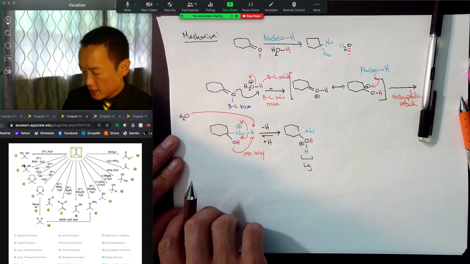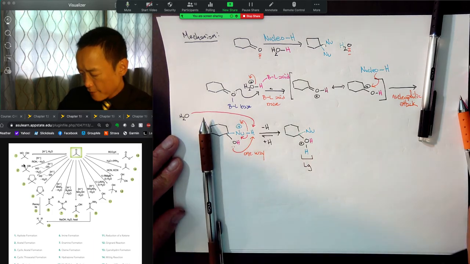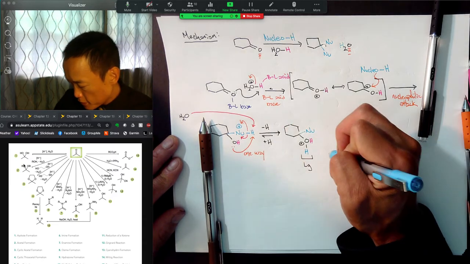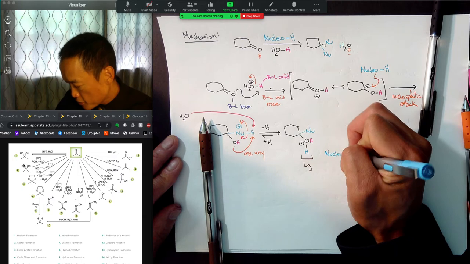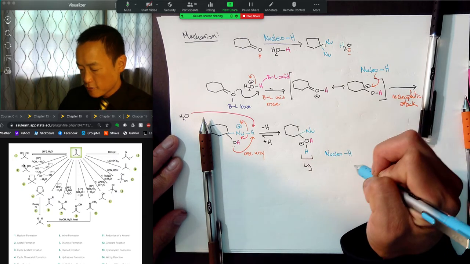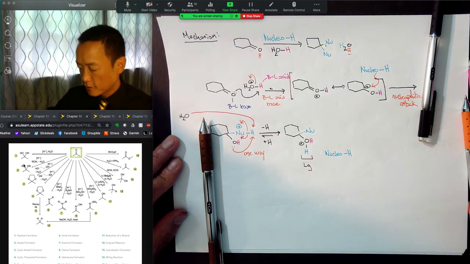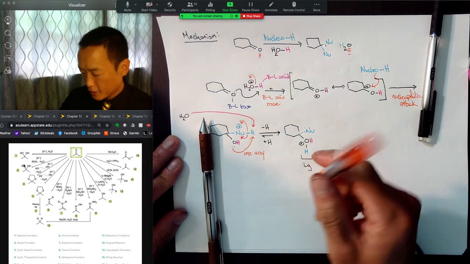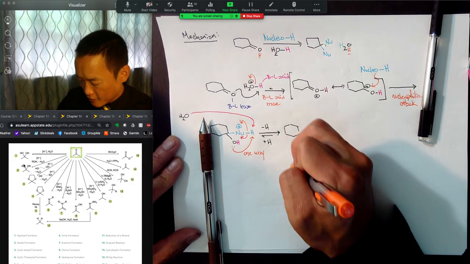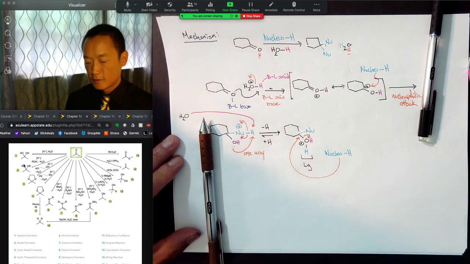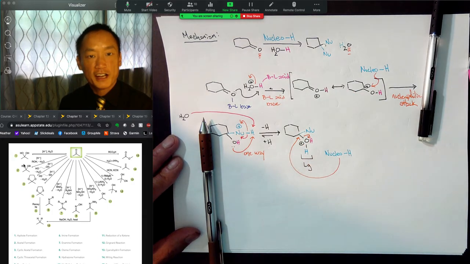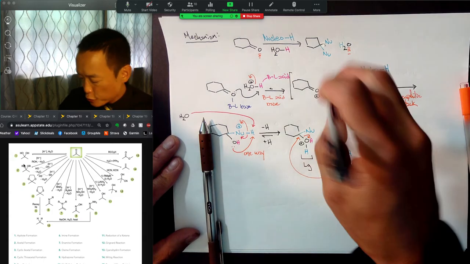If that's the case, I've got a good leaving group in the presence of another decent nucleophile, a substitution reaction, SN2.